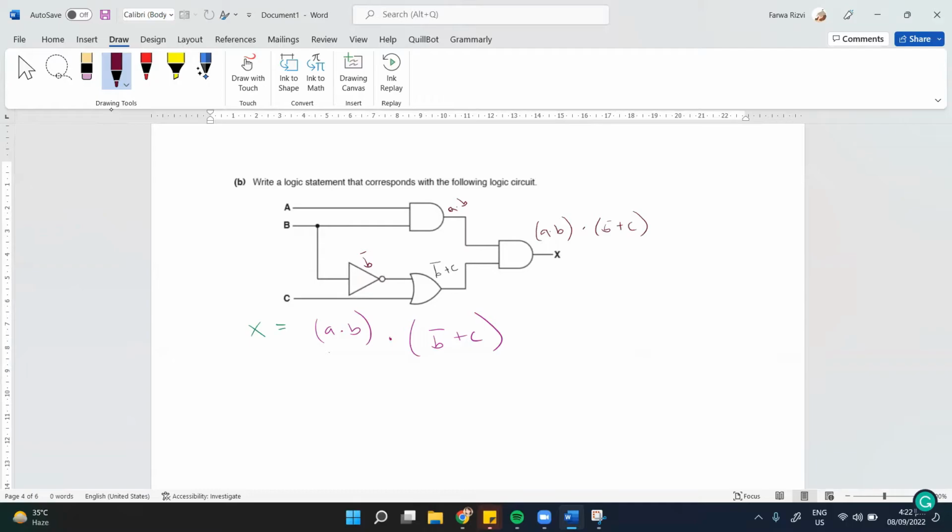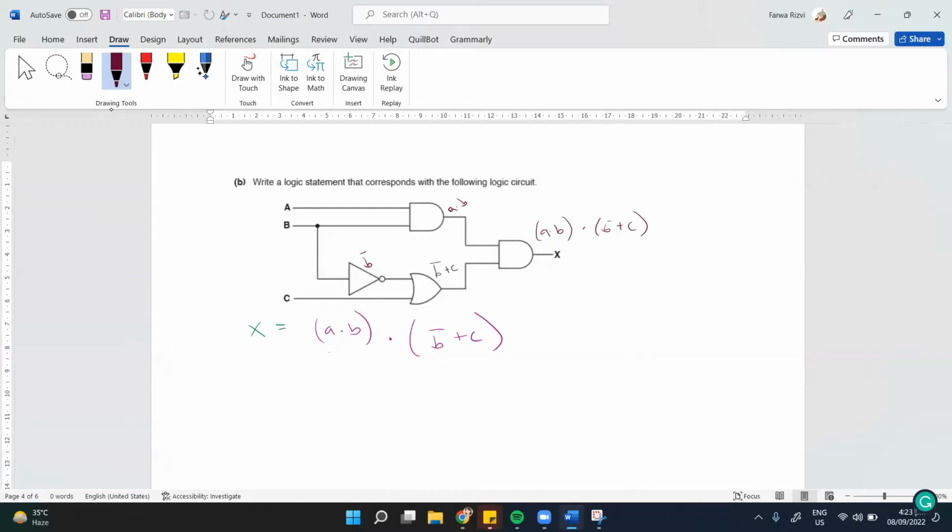Are you done? I don't get this. The NOT gate.